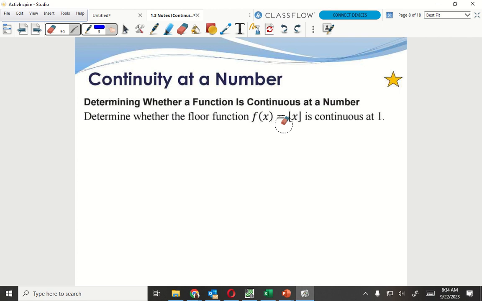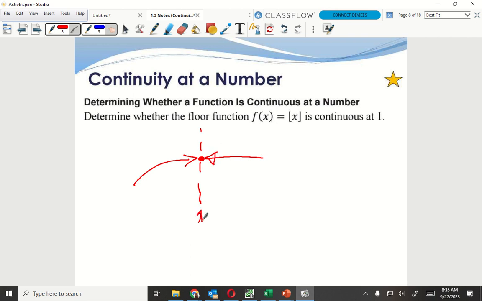So, is this the roller coaster you want to be on? No, absolutely not. Is it continuous at 1? For it to be continuous at 1, my graph, the left side, where this is 1, and the right side have to go to the same number.